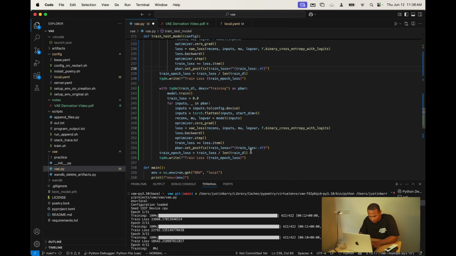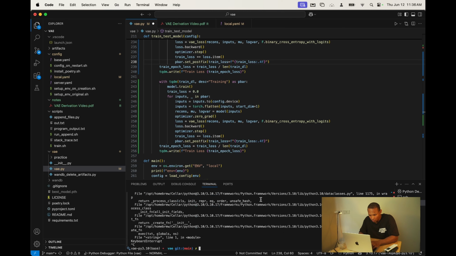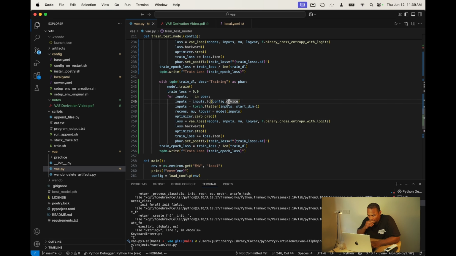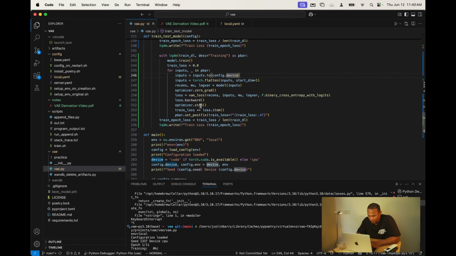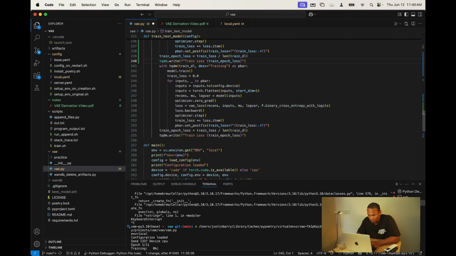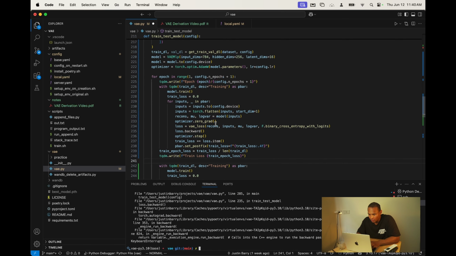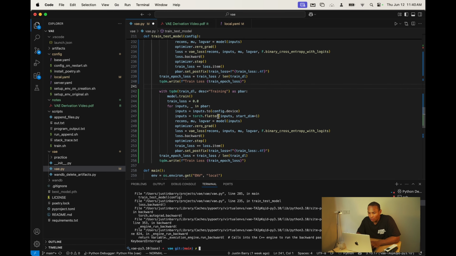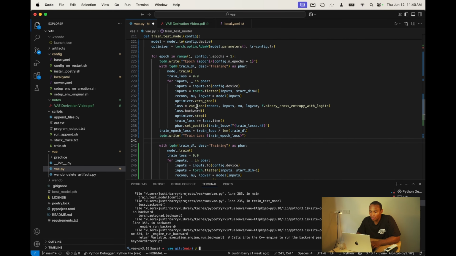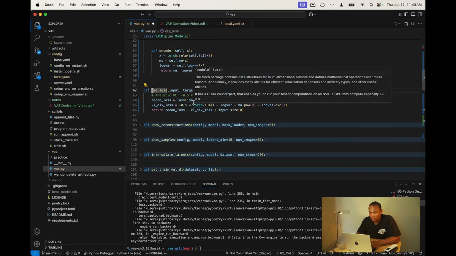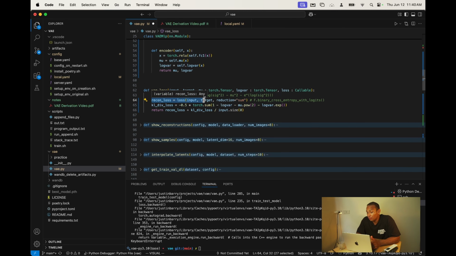I think this looks right, actually. I think this is right. The reason why you're seeing such large loss values is because we are summing over. So let's just look at the reconstruction loss, for instance.